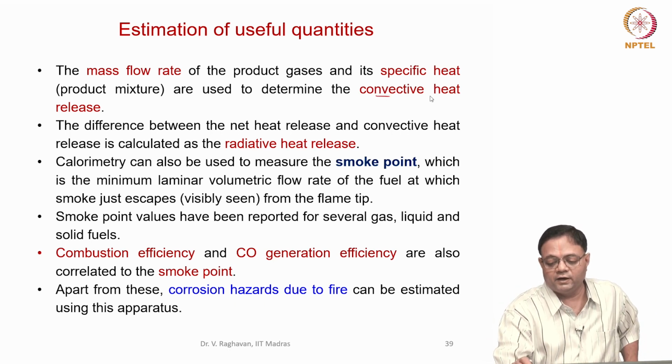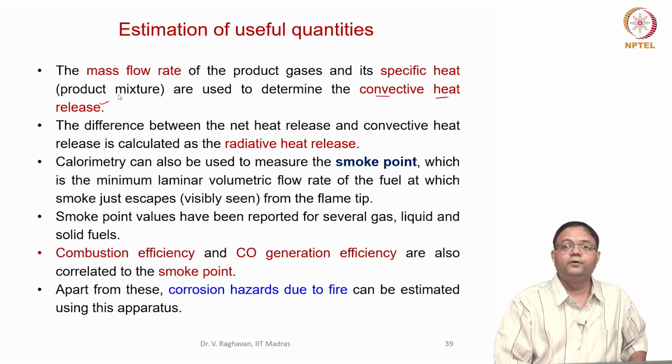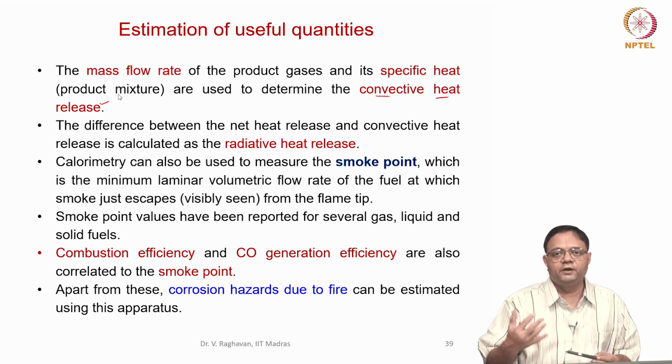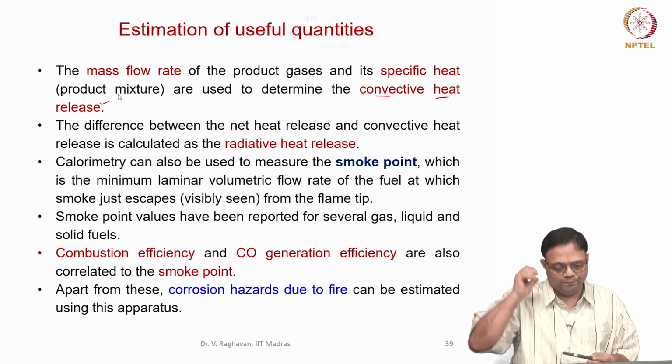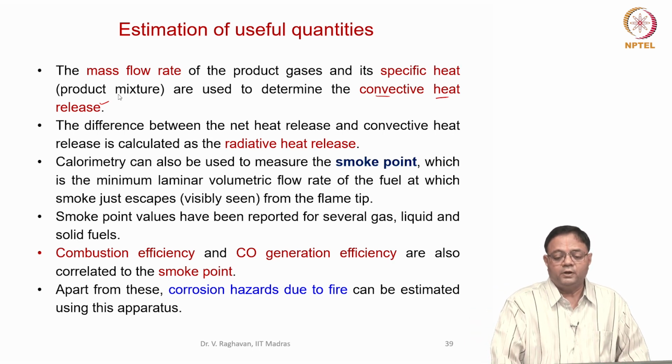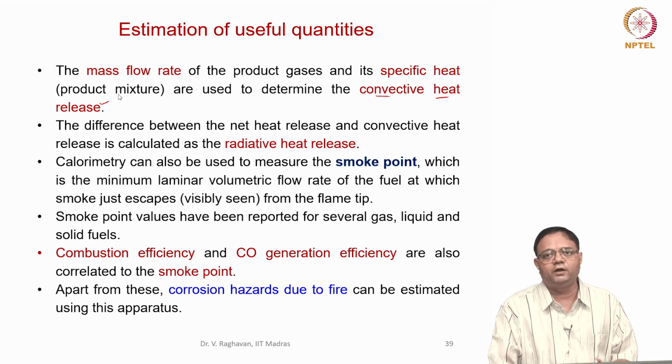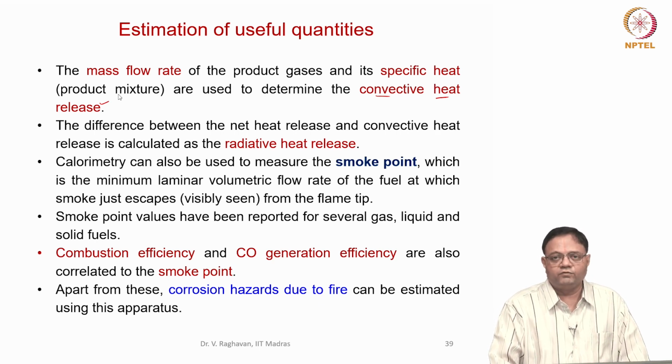Then we can find the convective heat release. That is how the fire loses heat in a convective flow. Similarly, the net heat release can be measured because that is nothing but the mass burning rate times the calorific value of the fuel.